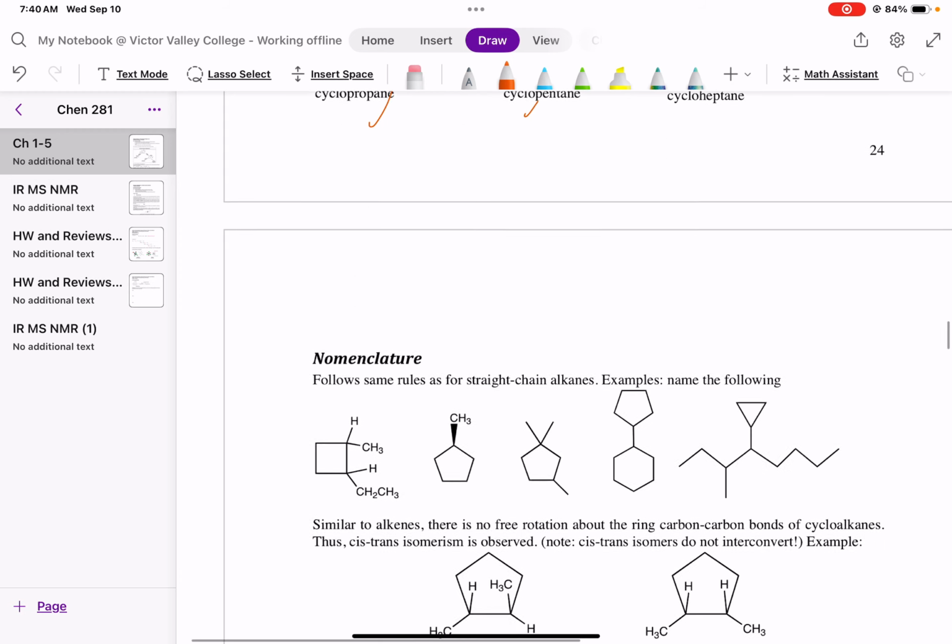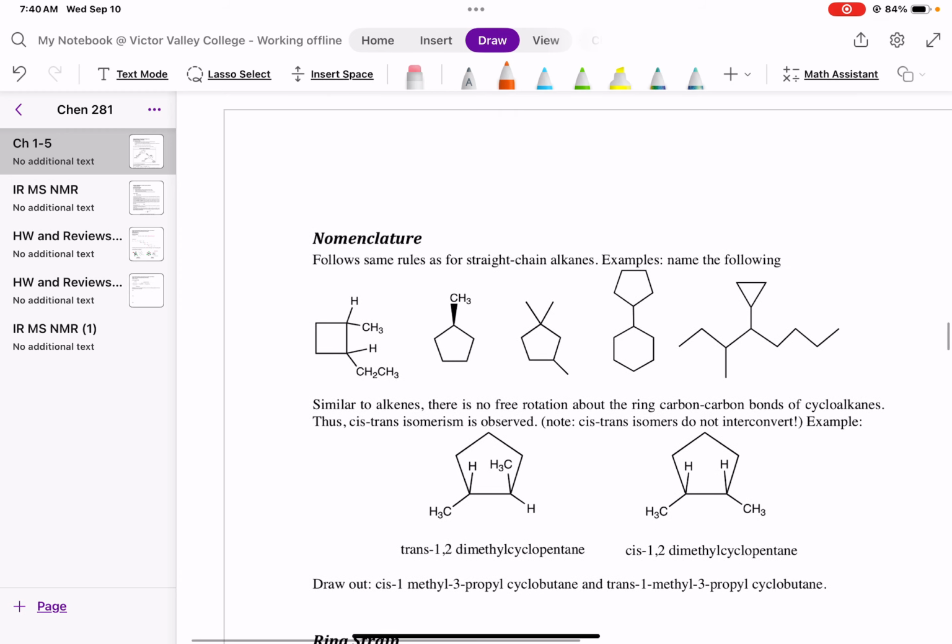All right. And if you got a branch, no problem. One branch, you don't have to use numbers, make it easy. Like this one, you just call methylcyclopentane. If you got 2 or more branches, then you number them.